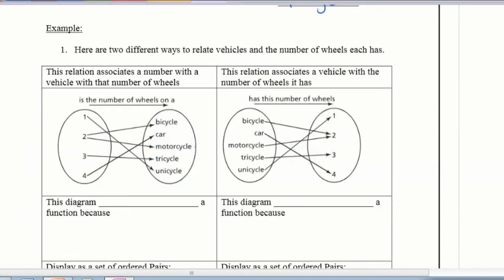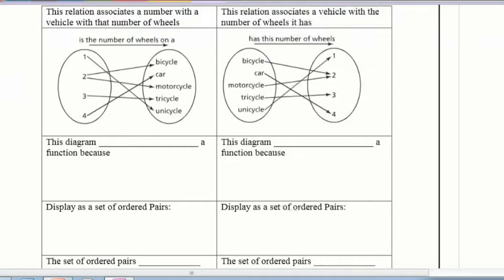Same thing over here, except we're going backwards. This relation associates a vehicle with the number of wheels it has. Bicycle has 2, car has 4, motorcycle has 2, tricycle has 3, unicycle is 1. So let's talk about what we're dealing with here.